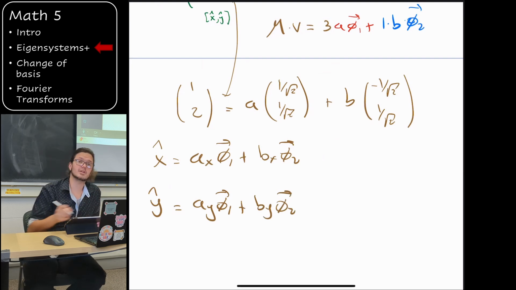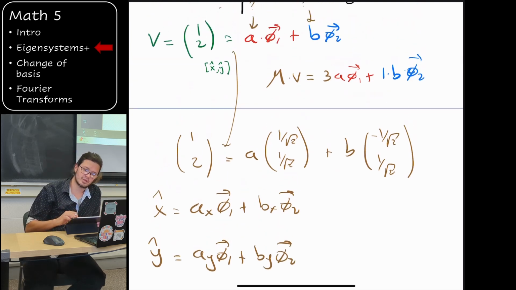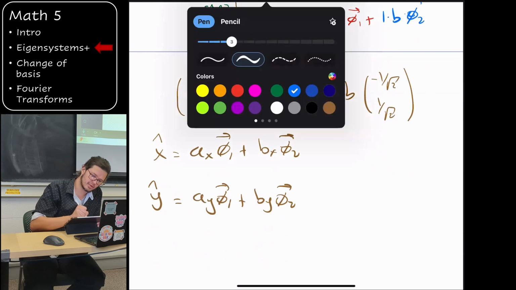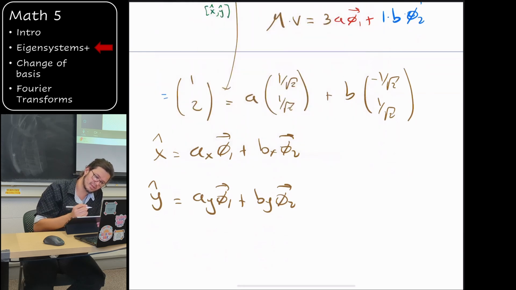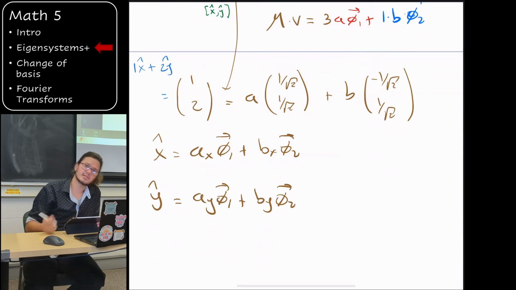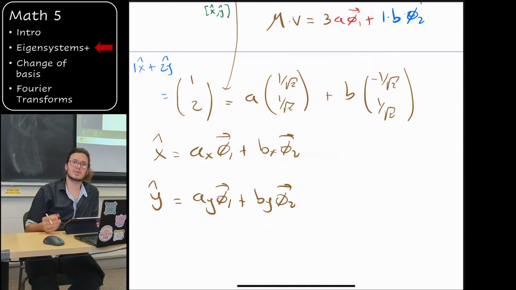Because if you find these numbers, see that what you can do, you can say, well, this vector here that was equal to 1, 2, this is equal to 1 x hat plus 2 y hat. So once you have this mapping, what you can do is go and substitute x hat and y hat in their phi 1 and phi 2 expansion, and that automatically gives you everything that there is to know. Make sense? Your method works completely well. It's just that I will have to apply it every time that I want to do this. I think with this, we do it only once and we're happy.